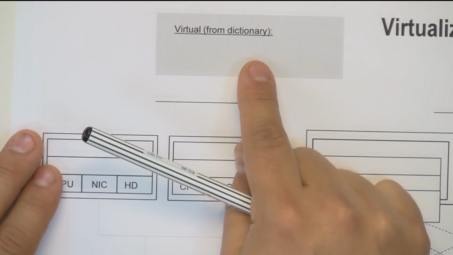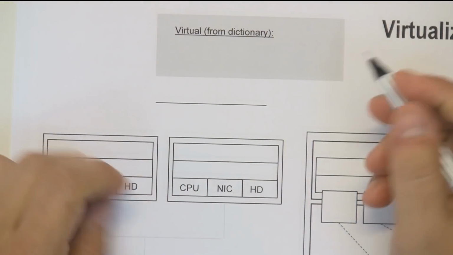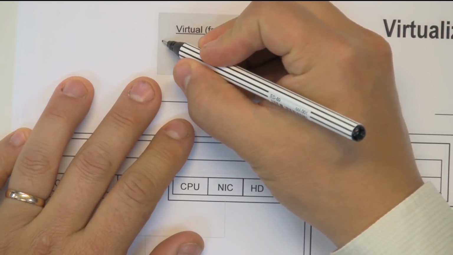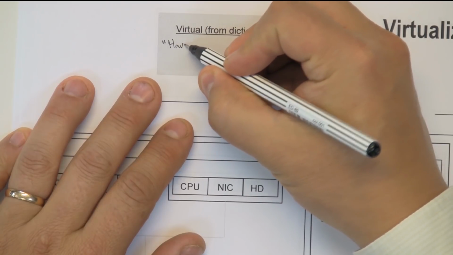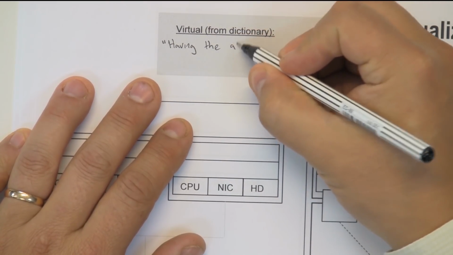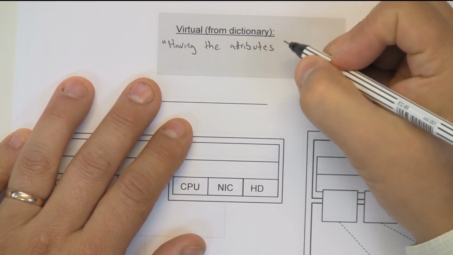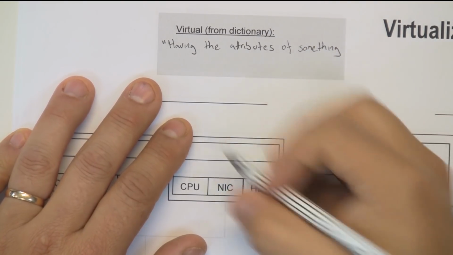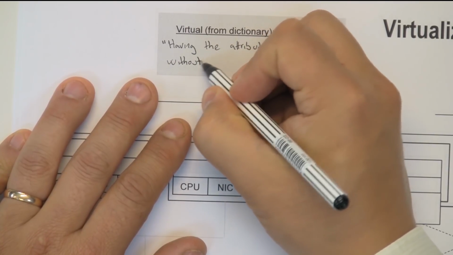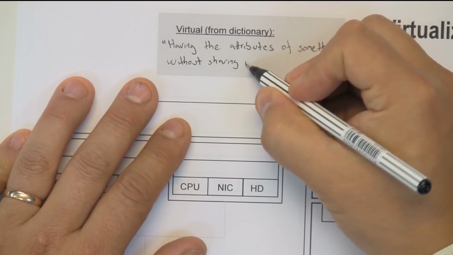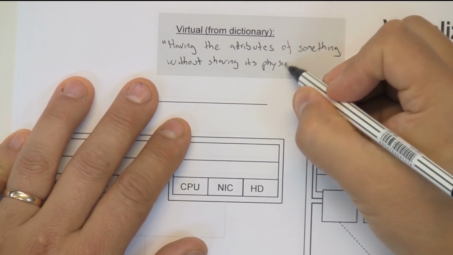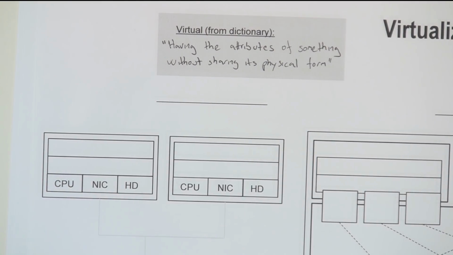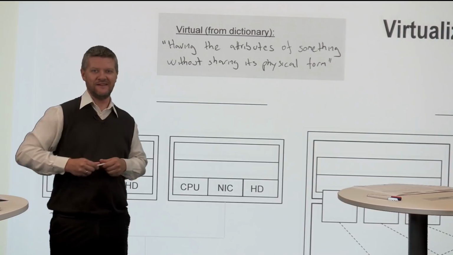And up here, virtual from the dictionary, I'm going to put: having the attributes of something without sharing its physical form, which is almost philosophical in a way.